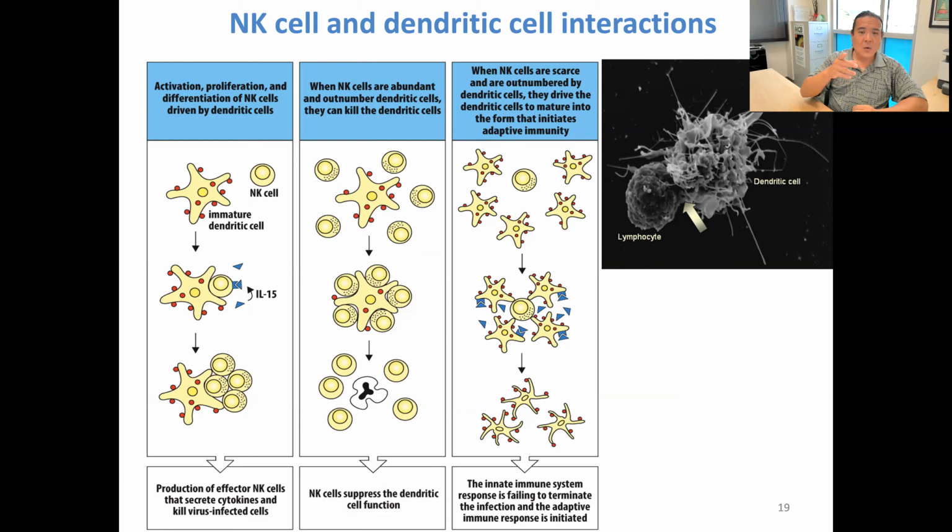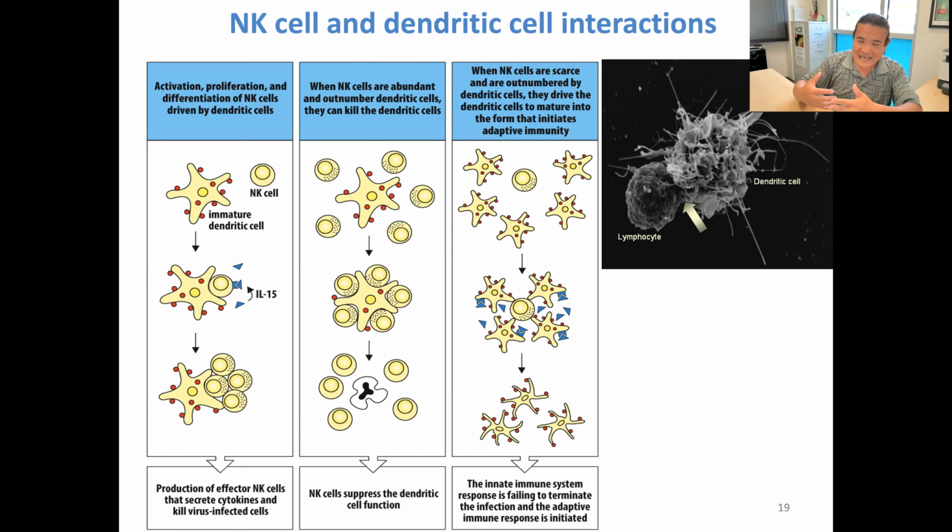Because what type of scenario would this be? If you already have a lot of activated natural killer cells, this probably means that your induced innate immune system, or the induced phase of your innate immune system, is already well on its way to battling the infection, right?